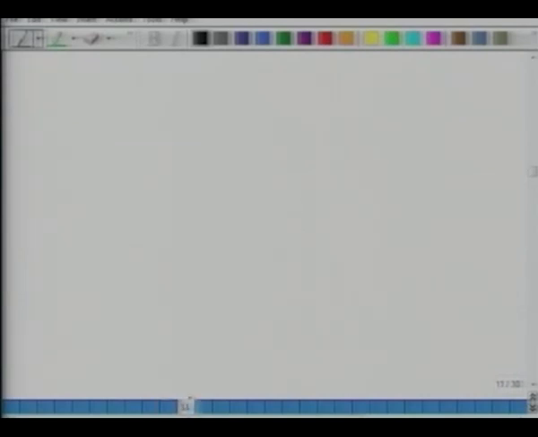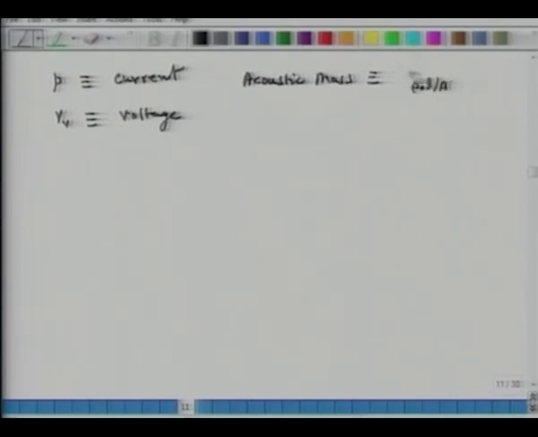So in mobility analogy, for a short tube, P maps to current, then VV, volume velocity, maps to voltage, and the capacitance is called acoustic mass, and the value of that is rho naught L over A. So this behaves like a capacitance.